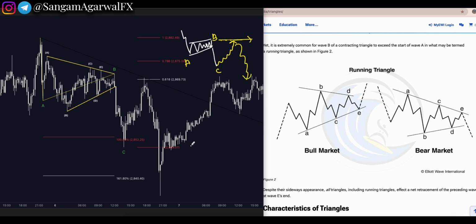But the majority of books say triangle breakdown, retest of the lower trend line, then a new lower low. So both patterns work, but the majority of books only talk about the lower trend line breakout, retest, new lower low.